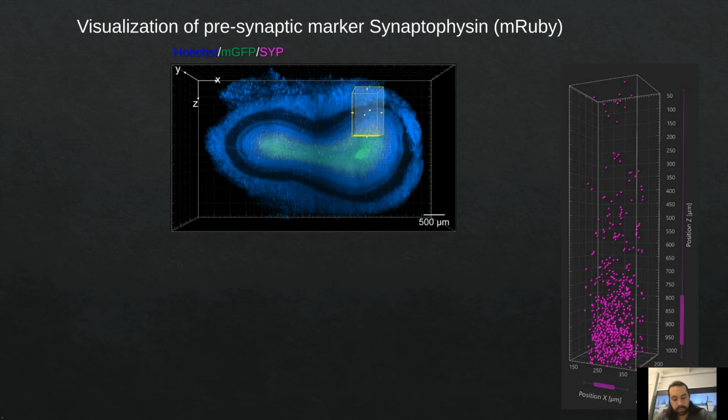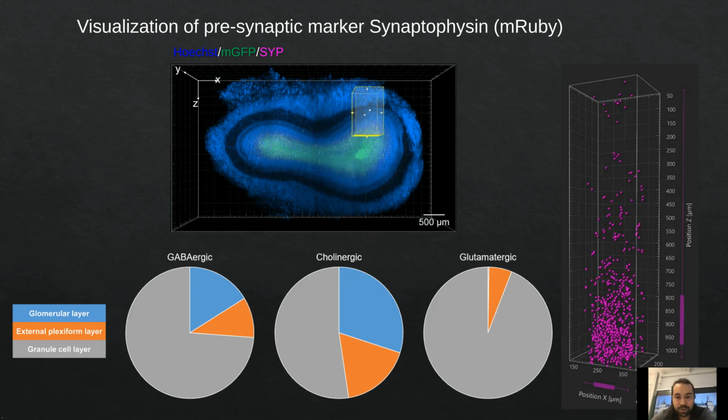And we did that, of course, for all the images and for all the mouse groups. And we found that there is a main distribution in the granule cell layer. The cholinergic ones also project a lot to the glomerular layer, but we can see, for example, that the glutamatergic have almost no connections in that area.